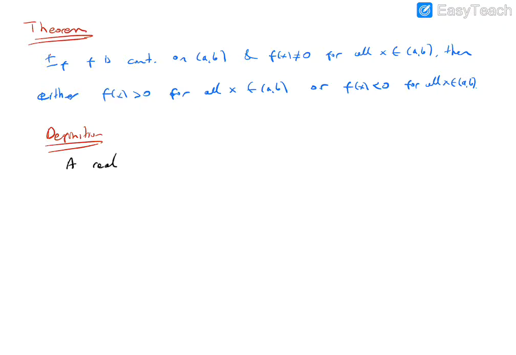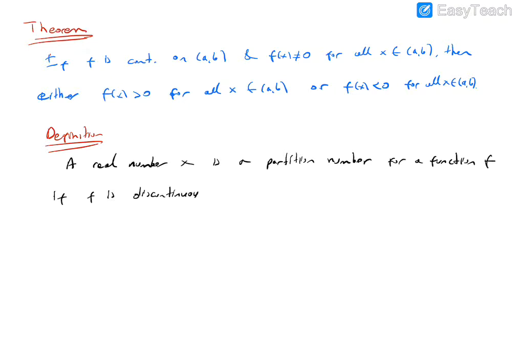A real number x is a partition number, we define a partition number, for a function f if f is discontinuous at x or 0. So maybe it's a jump or discontinued at the point, and maybe it is 0.